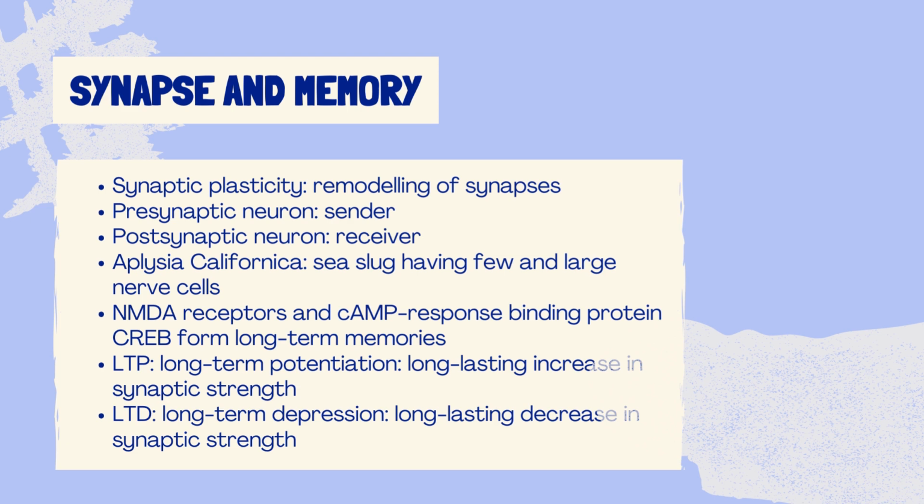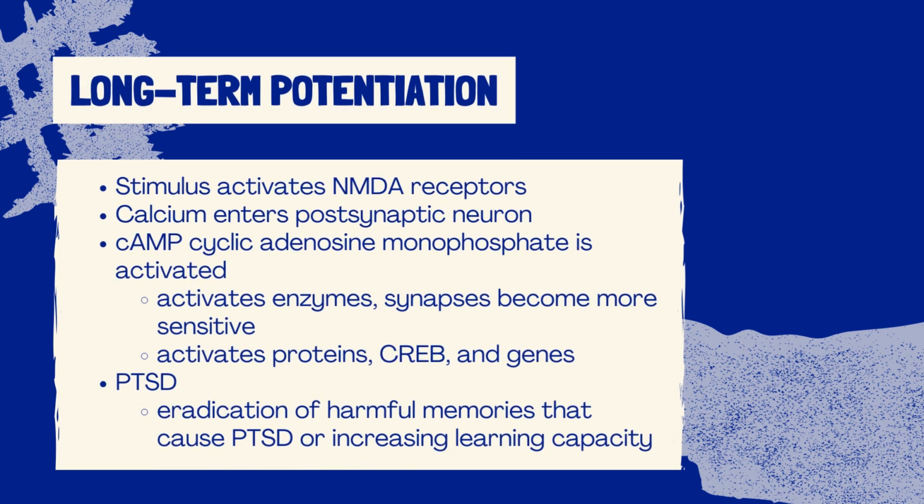LTP is long-term potentiation, basically the long-lasting increase in synaptic strength. LTD is long term depression, the long lasting decrease in synaptic strength. They are opposites, basically. Now let's talk about LTP. The timeline is this: a stimulus activates the NMDA receptors. Calcium enters the postsynaptic neuron.